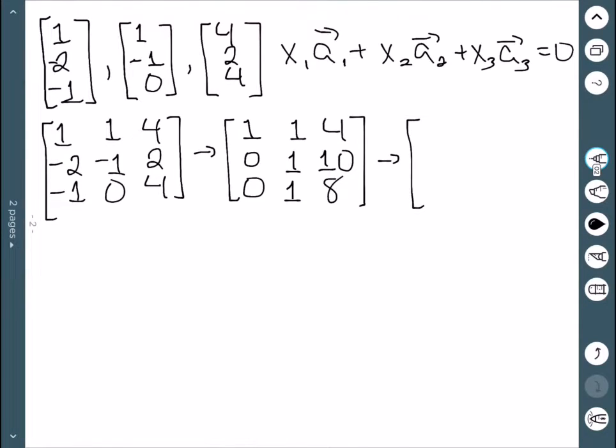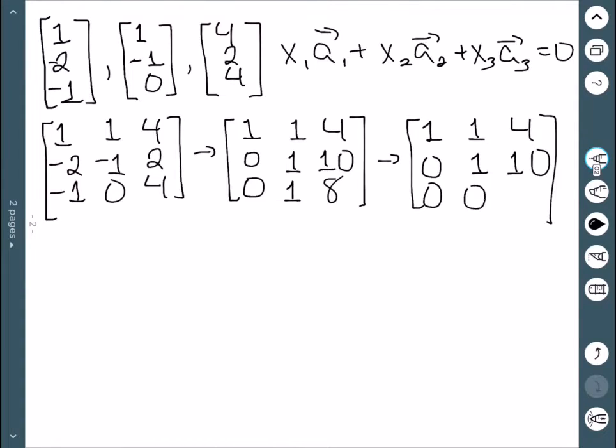I now have a 1 in the second row, second column, and I'm going to get zeros below it. I don't need to worry about getting zeros above it because I don't actually care what the solution is. I only want to know if it exists. So all I really need to worry about is getting my pivots.